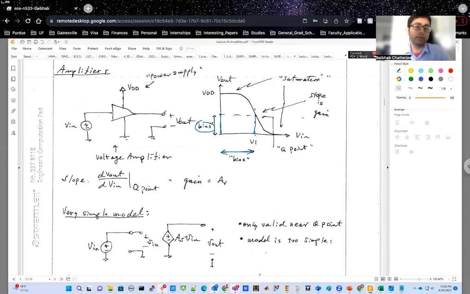And at the output side, it will inherently develop output DC voltage, and your output AC voltage will be on top of that. And the slope of this curve is effectively gain at every point. This biasing point will also be called Q point or quiescent point for our future discussions.